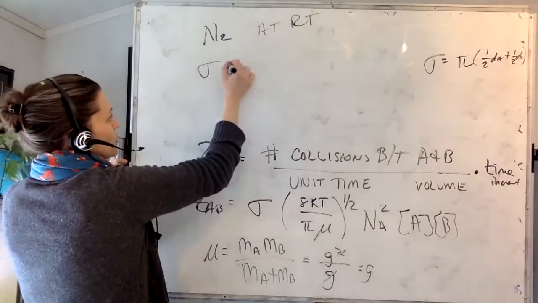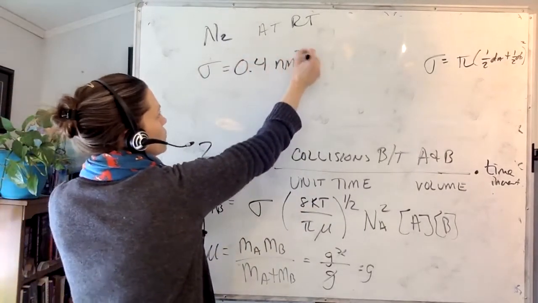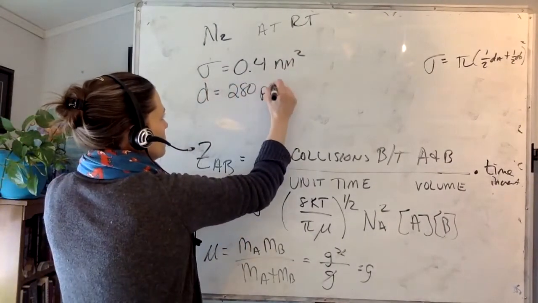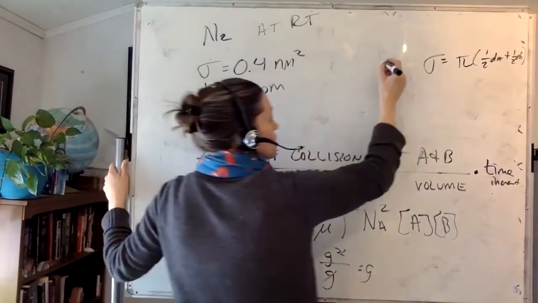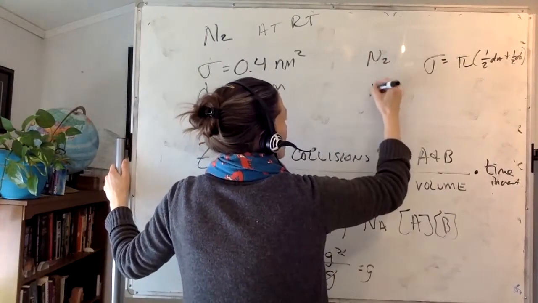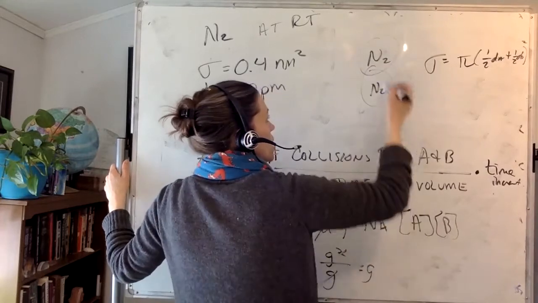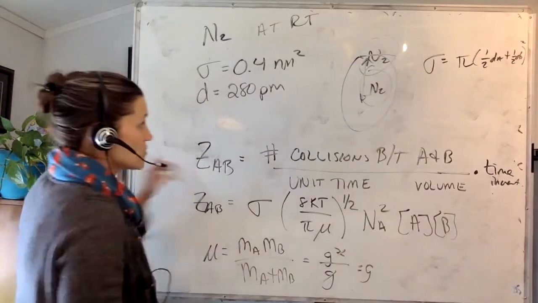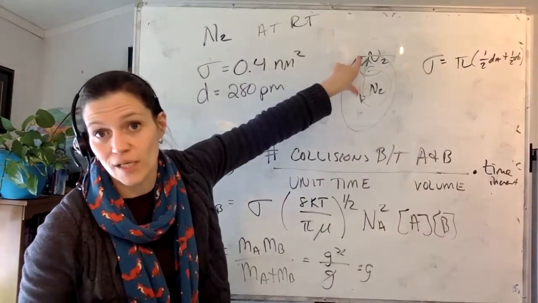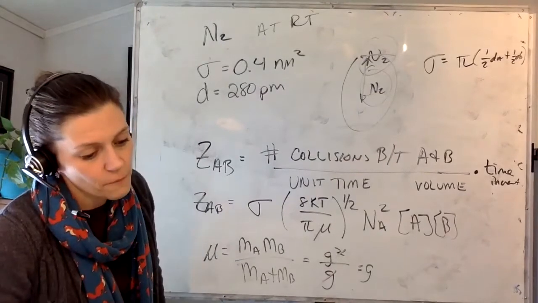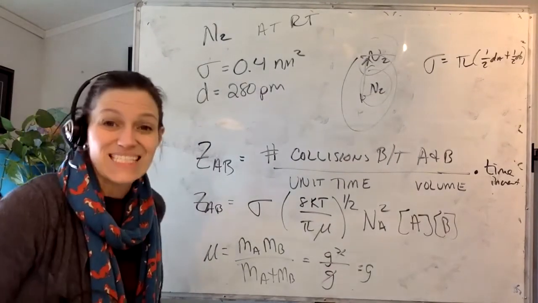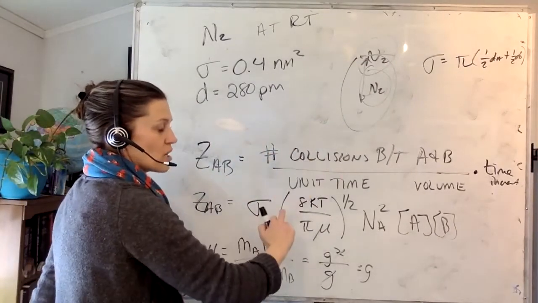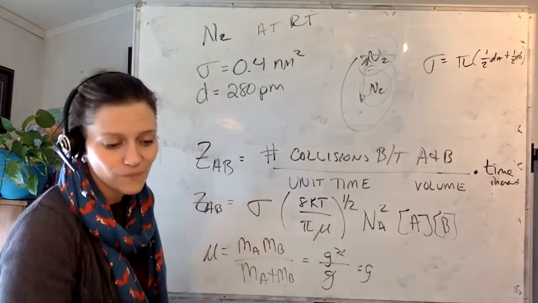But the cross section is equal to 0.4 nanometers squared. That's cool. D is equal to 280 picometers. Now this D is then the same thing. So if you have a nitrogen N2 and an N2, so that's 280 picometers between nitrogen and nitrogen hitting one another. And then Z, the number of collisions between A and B per unit time per a certain volume.